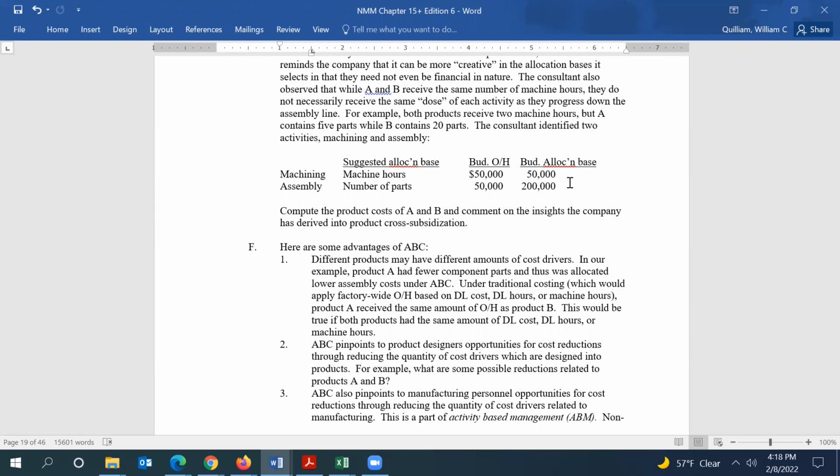So as we go to ABC over here, we have the machining activity. Again, $50,000. And cost driver, still 50,000 machine hours.